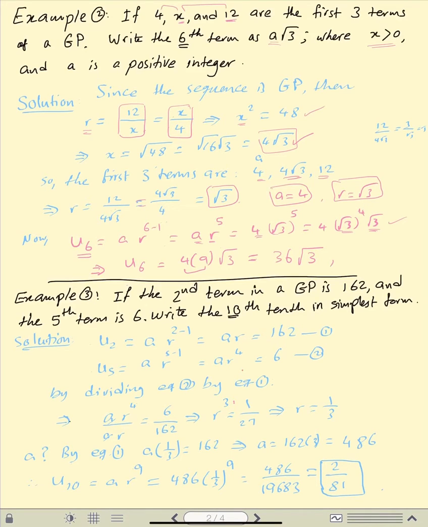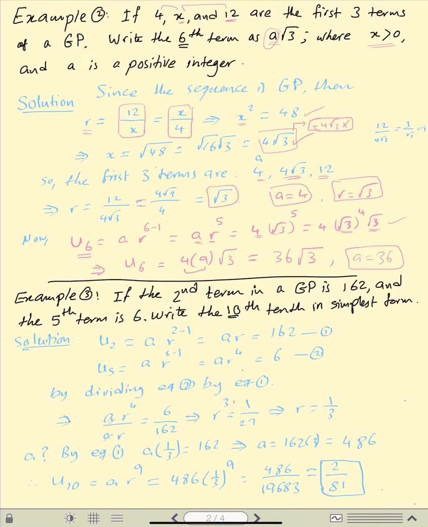So a in the question is equal to 36, which is a positive integer. True, remember here that we have a plus and minus. Minus 4√3, we ignored it here. We neglected it. It's negligible.